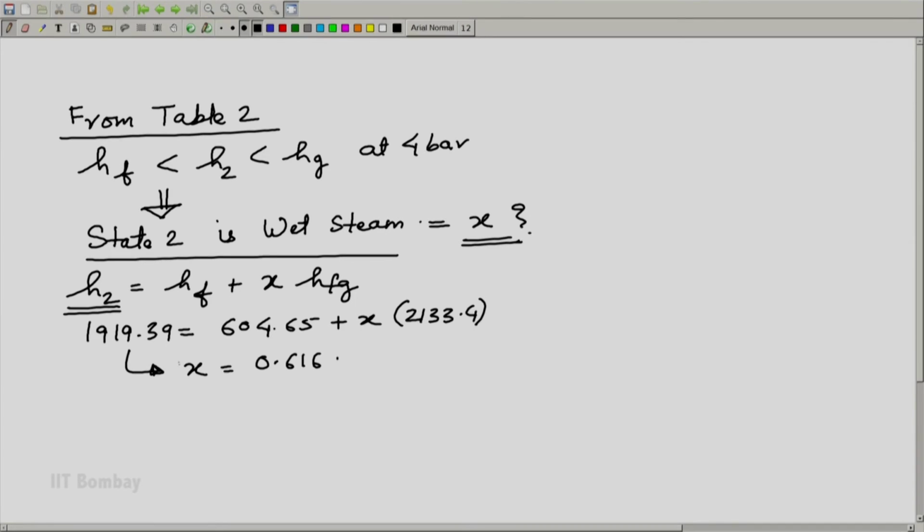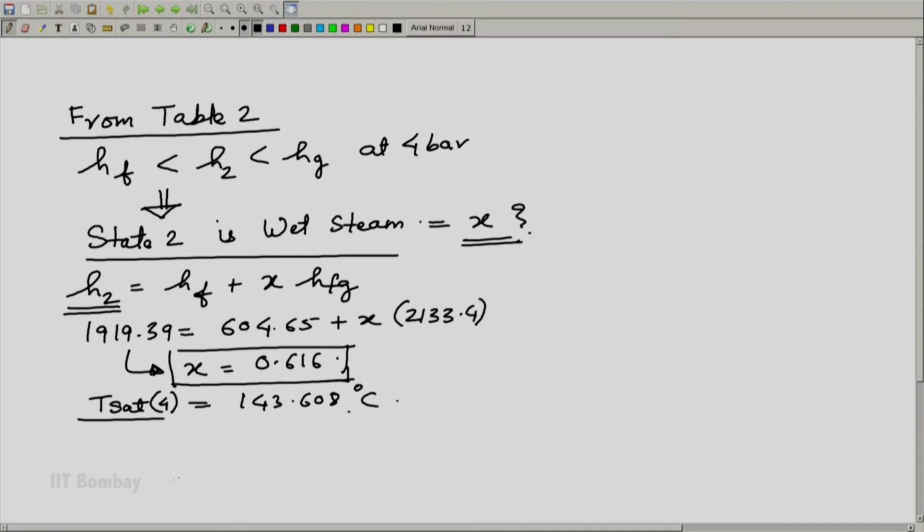I could also see from the table that because state 2 is in the two phase region, the temperature is going to be the Tsat value, which is 143.608. So Tsat at 4 bar is 143.608 degrees centigrade.